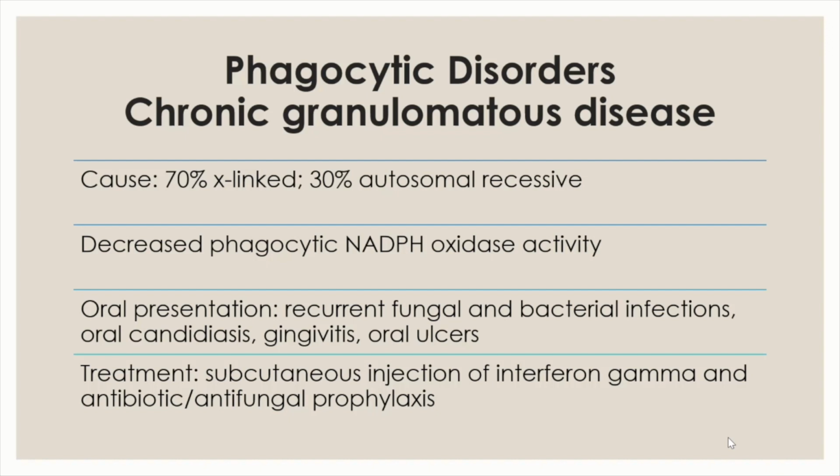For oral presentation, the patient will present with recurrent fungal and bacterial infections, oral candidiasis, gingivitis, and also oral ulcers. Treatment is usually in the form of subcutaneous injection of interferon gamma, and antibiotic and antifungal prophylaxis may be necessary.